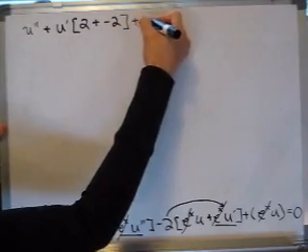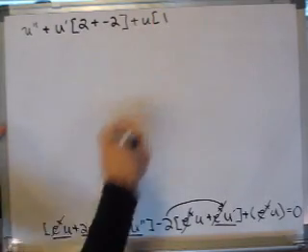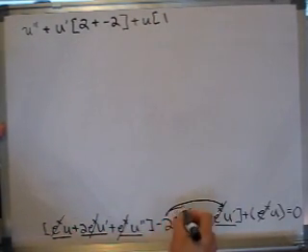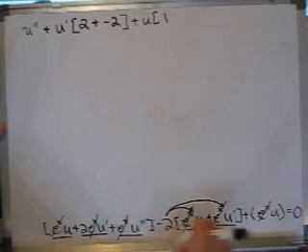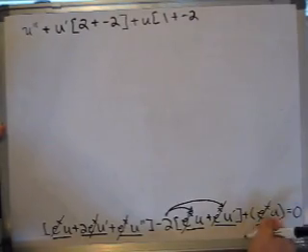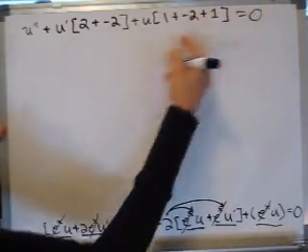Next, I'm going to collect my terms that involve u. So this first term has a coefficient of 1. This term has a coefficient of a negative 2 when I distribute. And the last term has a coefficient of 1. This should all equal 0.